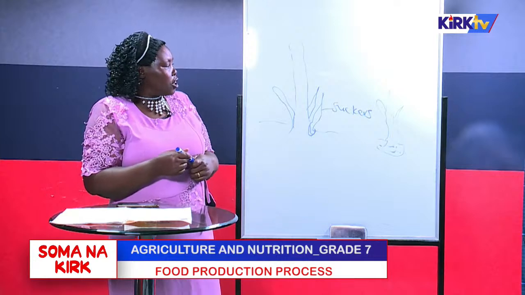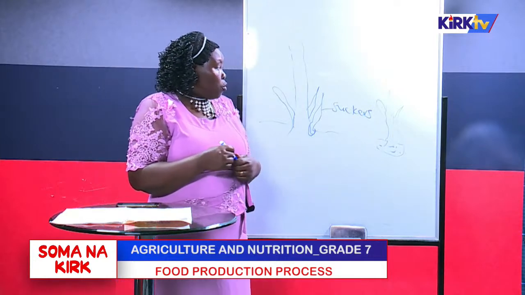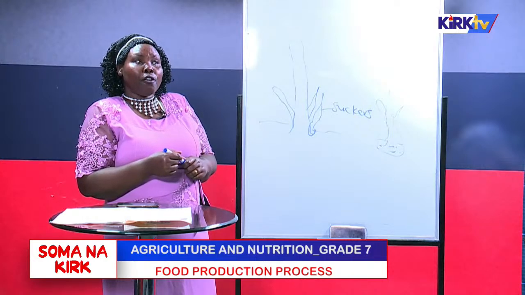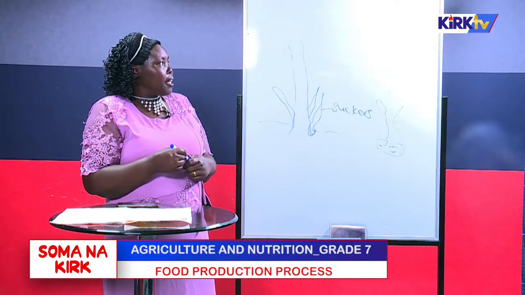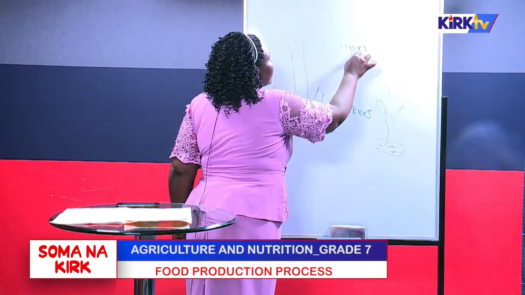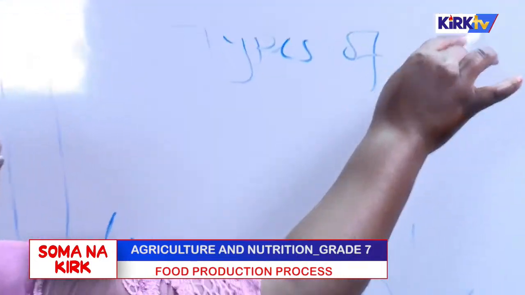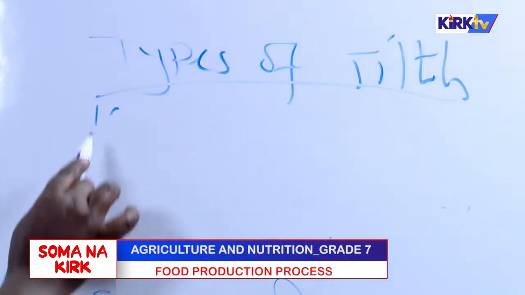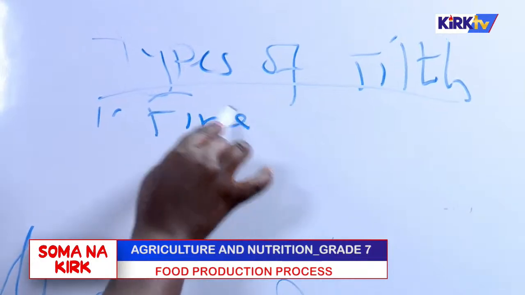Now, before I continue, I would like to reflect on first what we have said. We have talked about three types of tilth. We have said one, I have fine tilth.